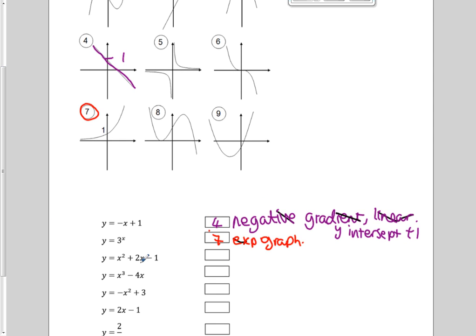So for the next one, y equals x squared plus 2x minus 1. So here we have a quadratic. And we know that it's going to have a y-intercept at -1.